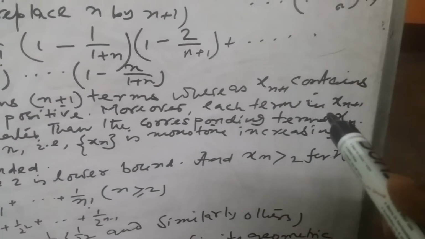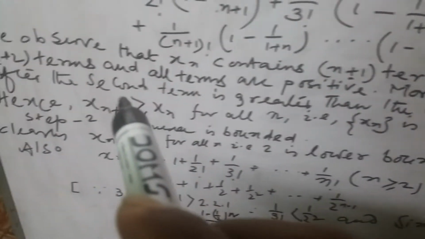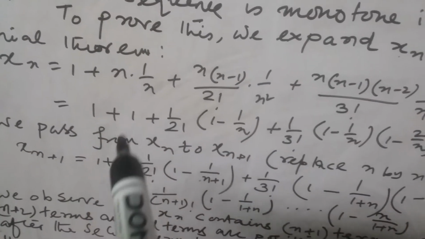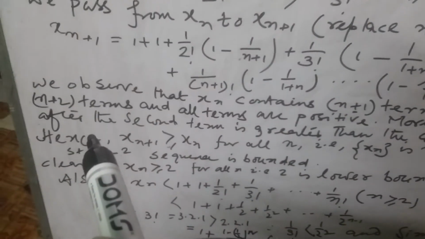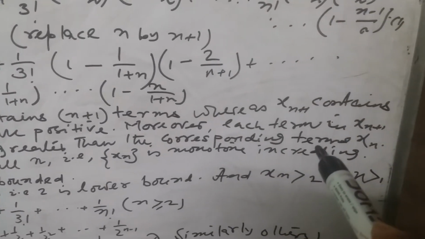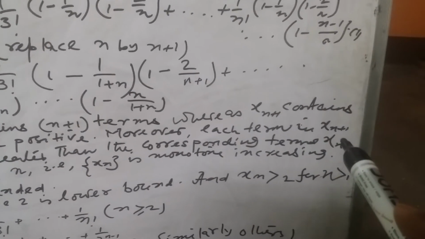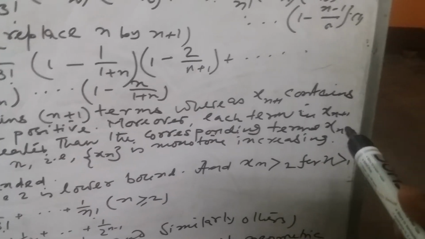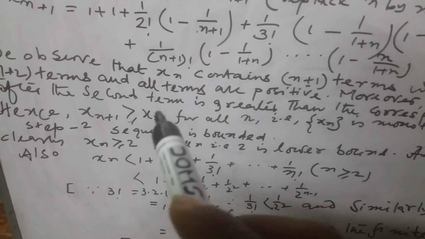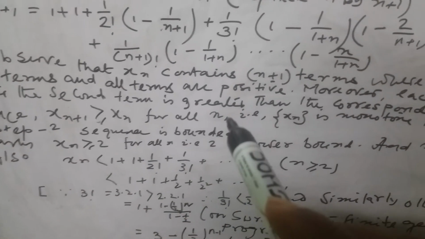Moreover, each term of xn plus 1 after the second term is greater than the corresponding term of xn. So xn plus 1 is greater than or equal to xn for all n.